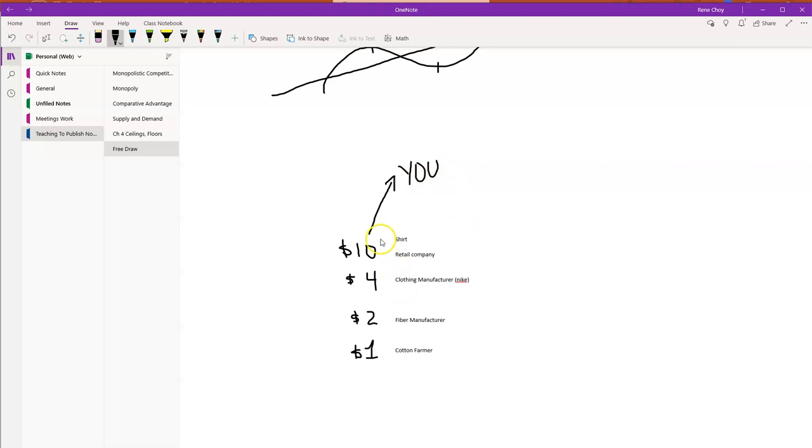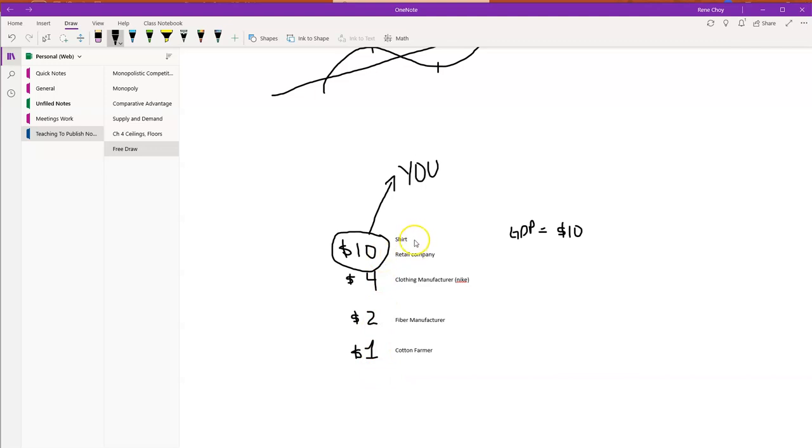Alright, now out of all of this stuff, how do we count it? Well, the way we count GDP today is we just count these $10. So GDP in this particular transaction is only $10. Now why is it $10? How come we don't count all of these? Well, the biggest reason is because what we're trying to count with GDP is production.